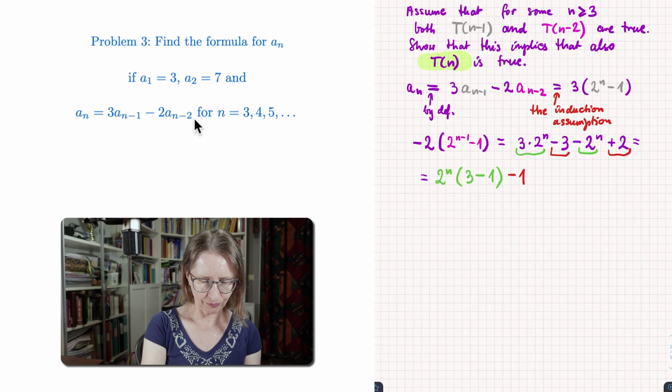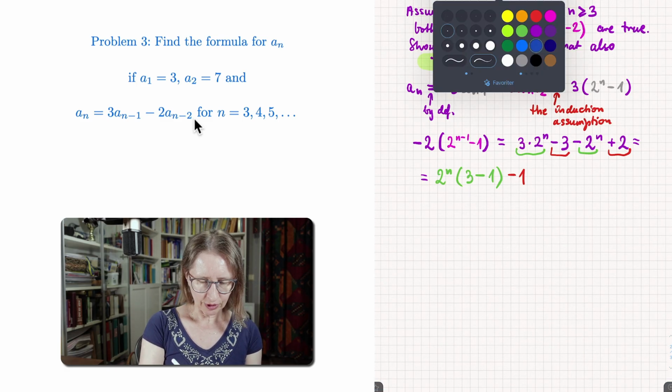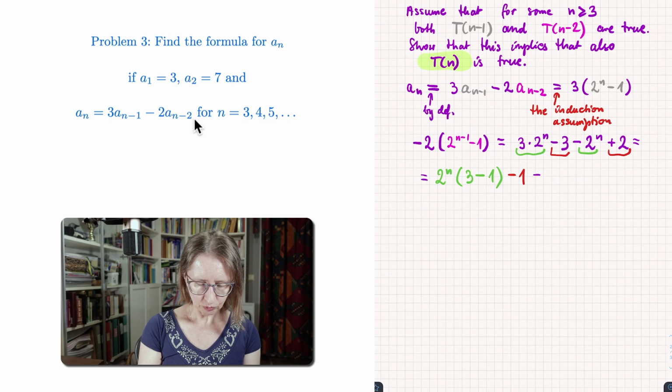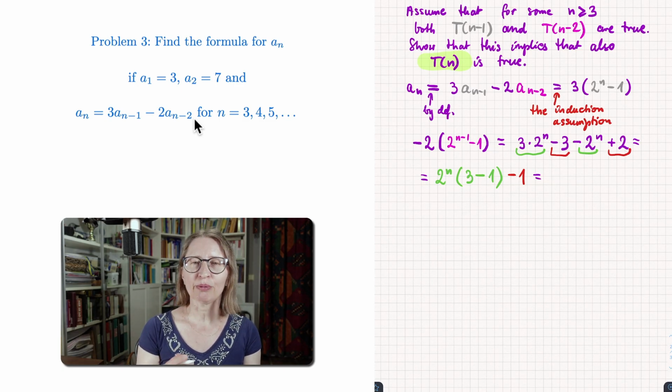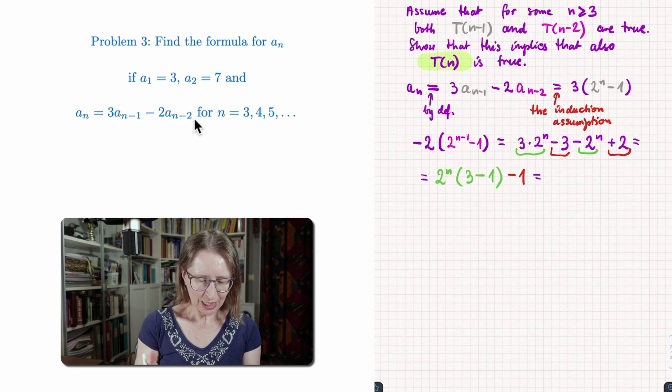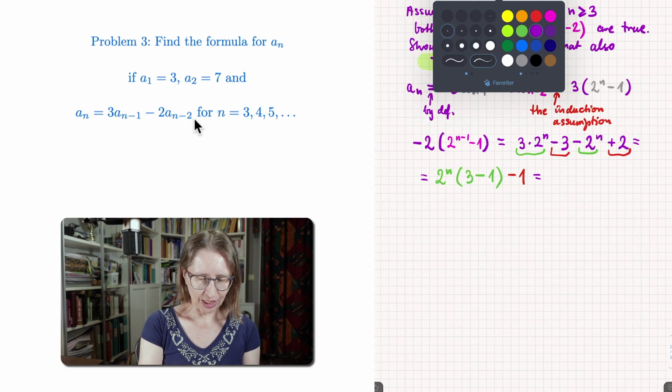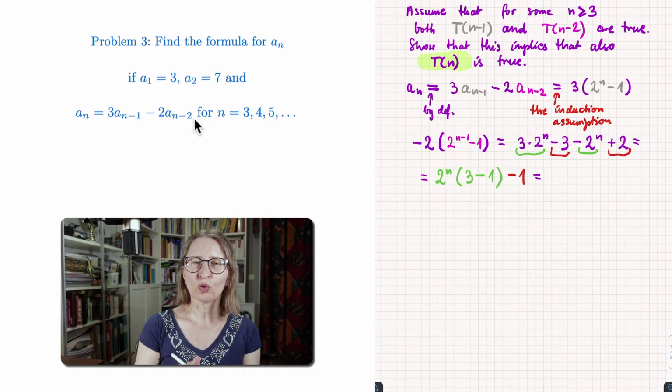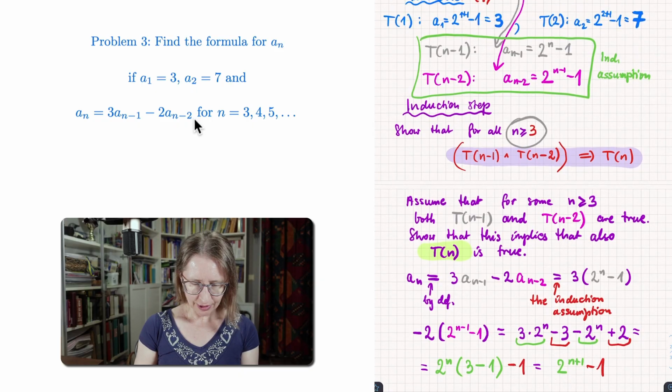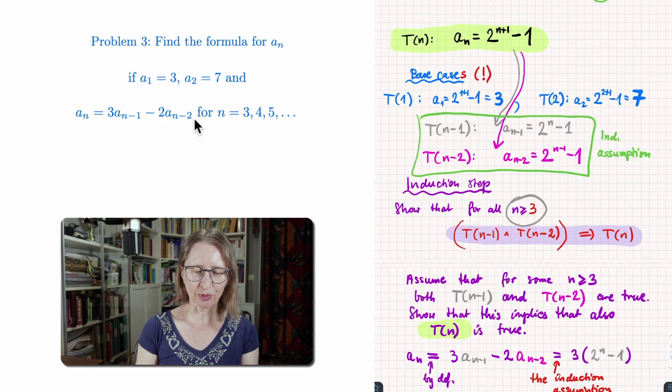So then we get here 3 minus 1 is of course 2, so this first green expression gives us 2 to the power of n times 2, which is 2 to n plus 1, right? And then we still have minus 1, and you see this is exactly what we were supposed to get.